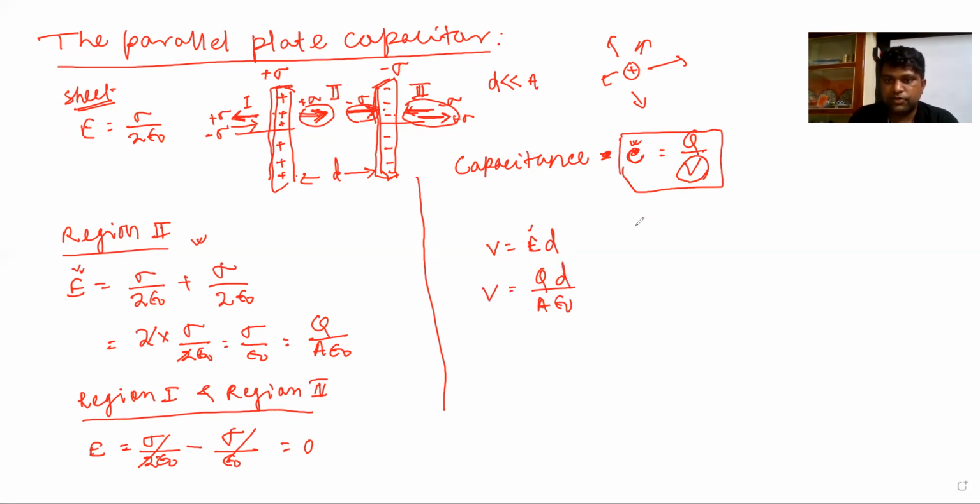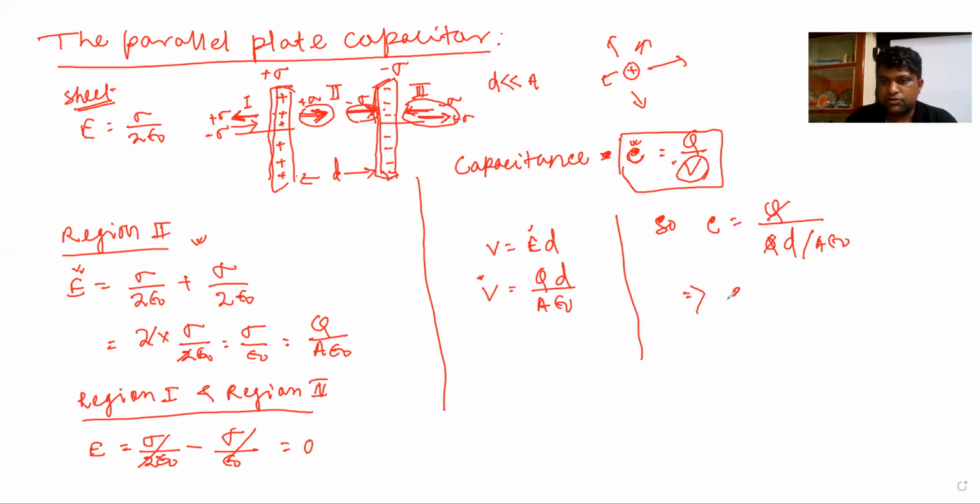Now what is our aim? To calculate the capacitance. So I'll put the value of V here in the capacitance. C equal to Q by V, and V is Qd by A epsilon naught. Q gets cancelled.